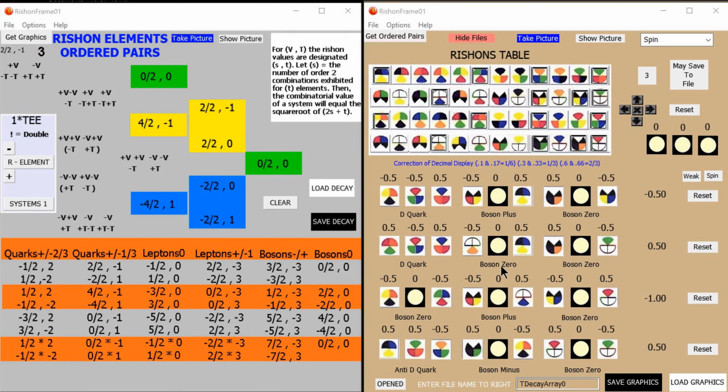But if we look at the generic D quark, we see that the spin on the anti-T generic rishon has changed from -1/2 to 1/2, and so the sum of spins on the generic D quark now is 1/2, -1/2, and 1/2, which sums to 1/2, which should be the correct spin on the B quark, since a -1 spin was carried away by the W boson.